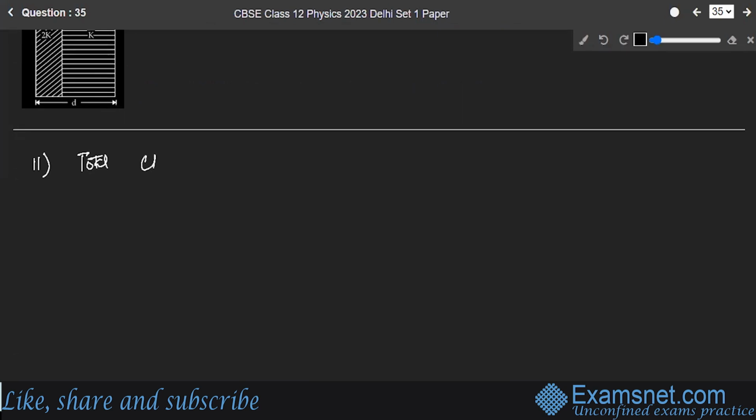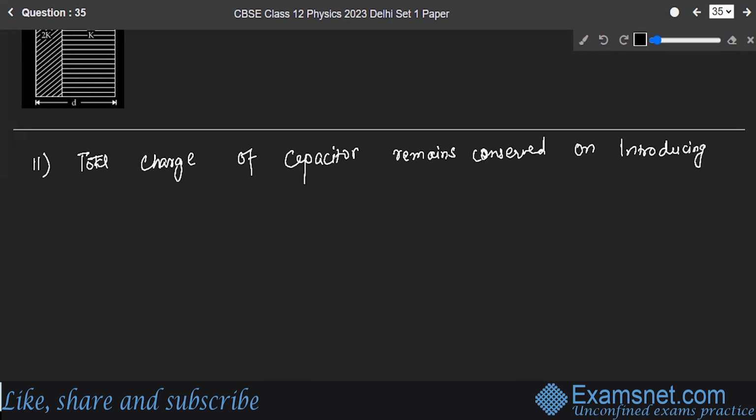Total charge of capacitors remains conserved on introducing dielectric slab.